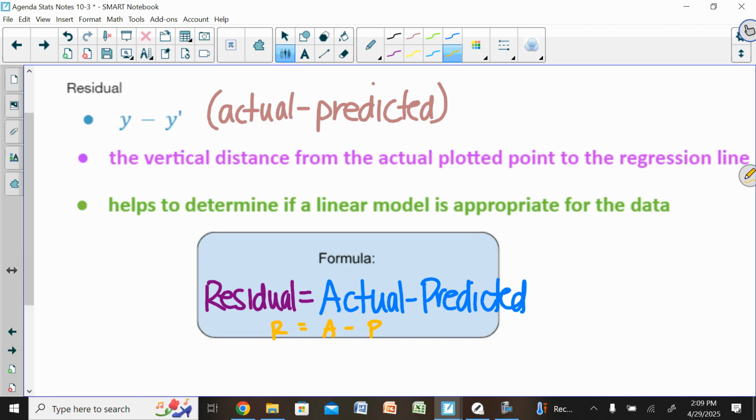Actual minus predicted. Remember I mentioned that y prime is the model, our regression line based on our sample data, but it's not what actually happened. It might not hit any one of our points, but it might fall right through the middle of that cluster of points.